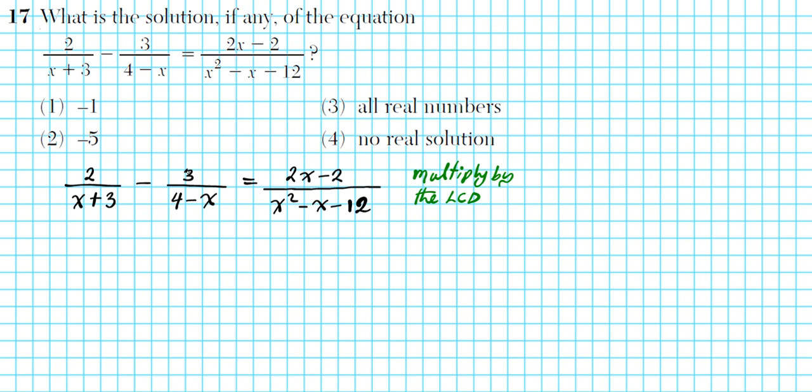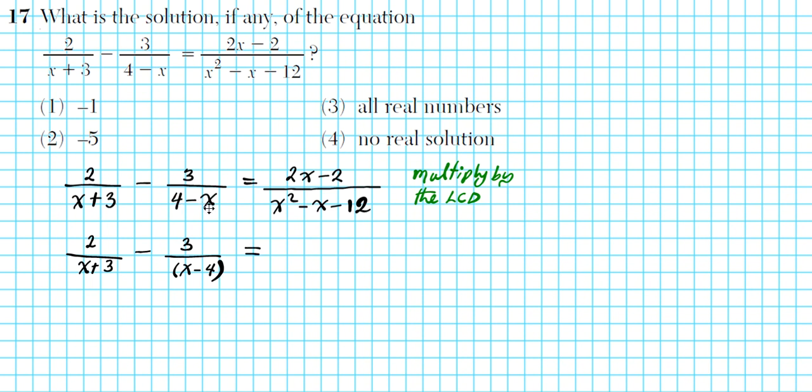Now, before we do that, you notice that the denominator for the 3 over 4 minus x is not written in standard form. So let's go ahead and fix that. We're going to write this as 2 over x plus 3 minus. Now I'm going to reverse these two. I'm going to rewrite it as x minus 4.